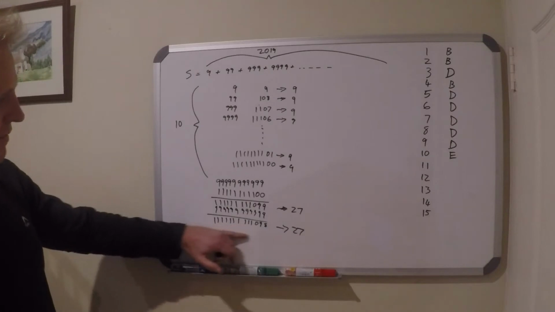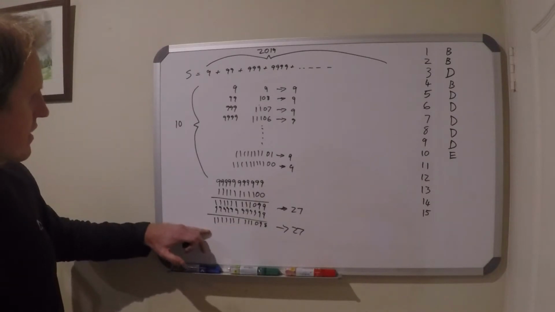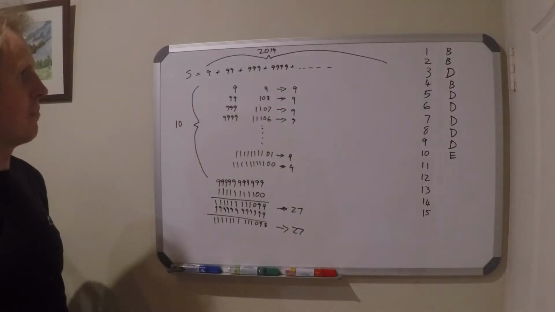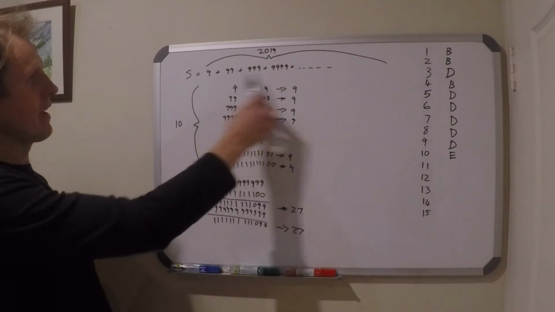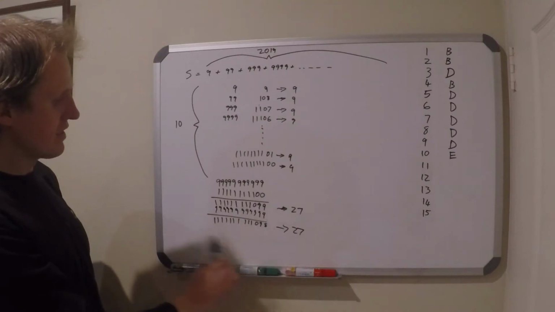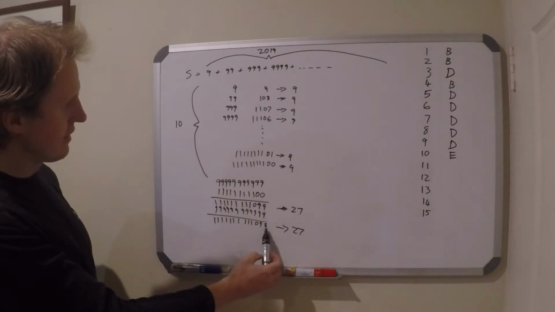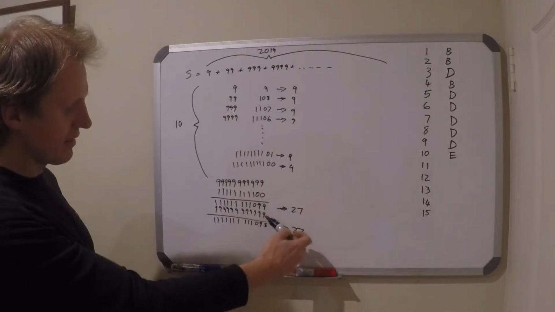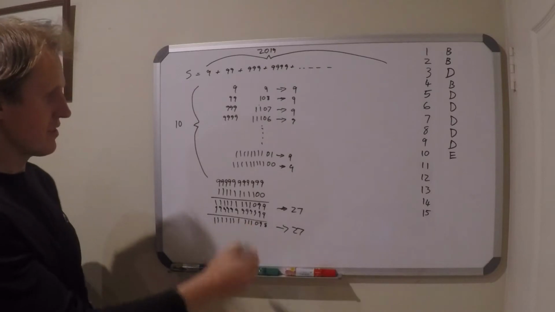But let's have a look at this pattern. Every time that we add the next number, we make this number 1 digit longer, and in this case we're counting down from 99. We're going to count down from 99 down to 0.